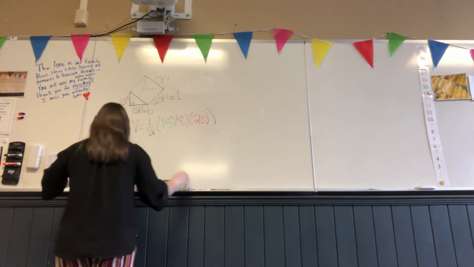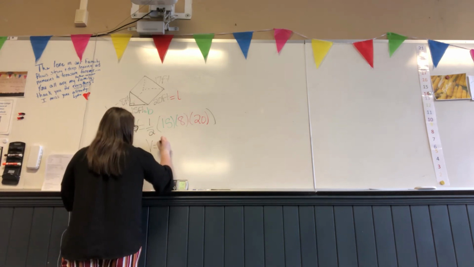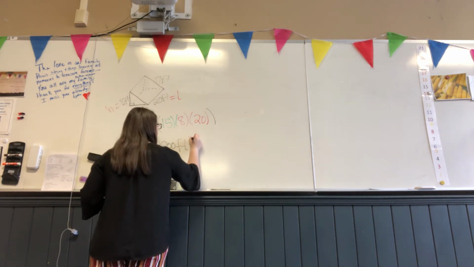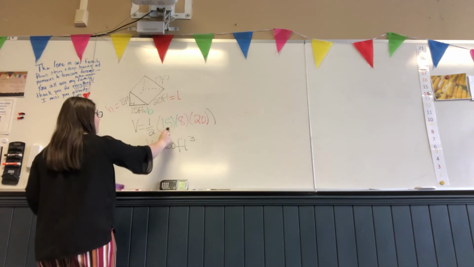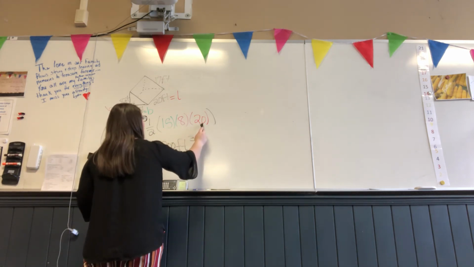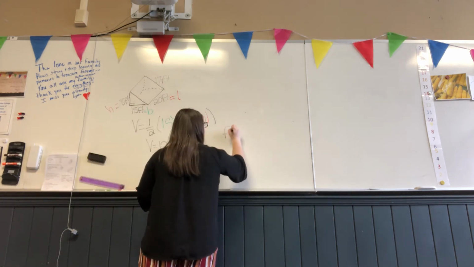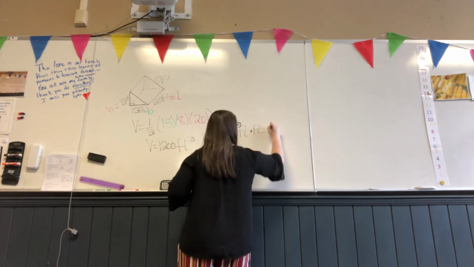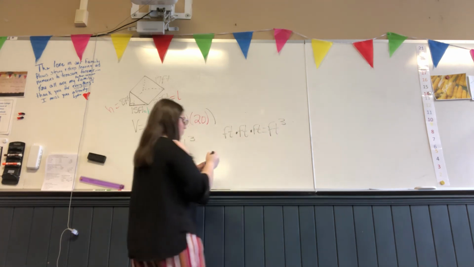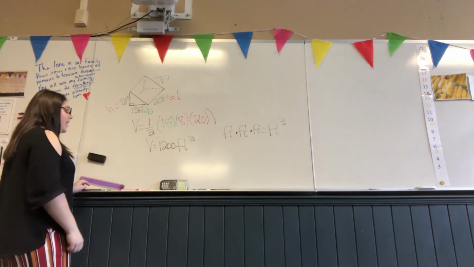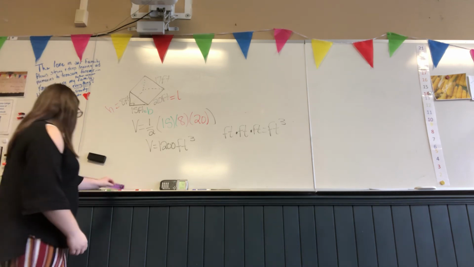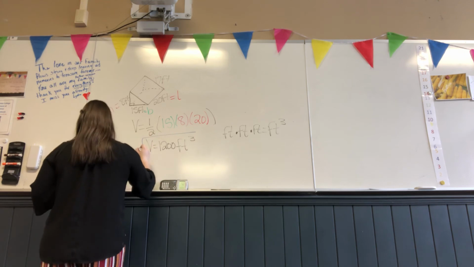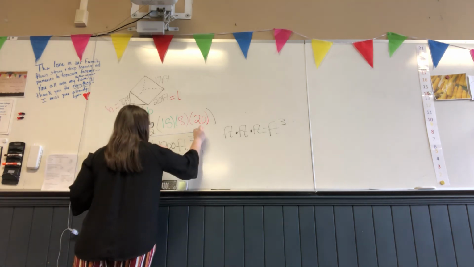I come out with the volume is equal to 1,200, and this should be feet cubed. Once again, you have 15 feet times 8 feet times 20 feet, and feet times feet times feet give me feet cubed. So 1,200 feet cubed is our final answer here for this triangular prism.